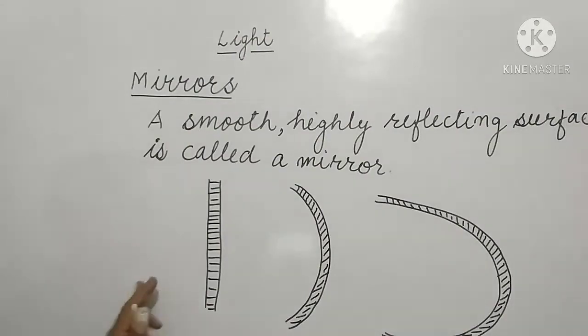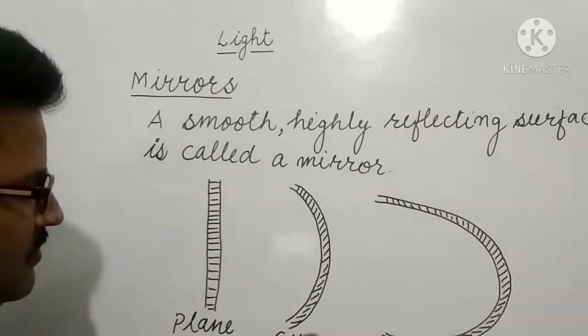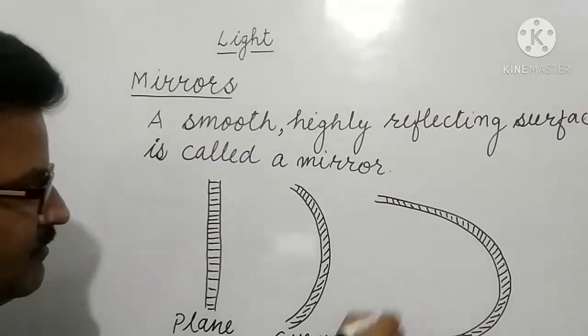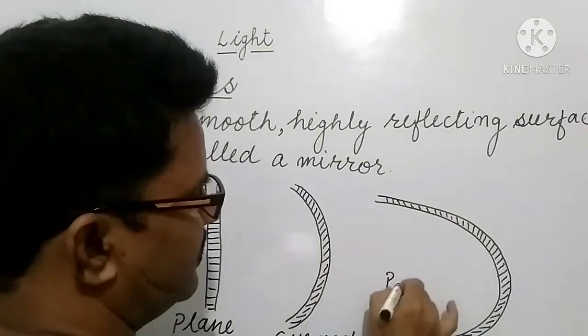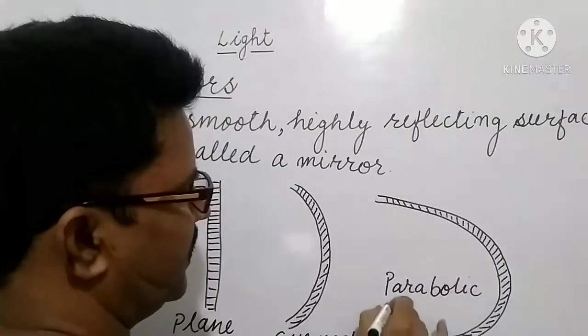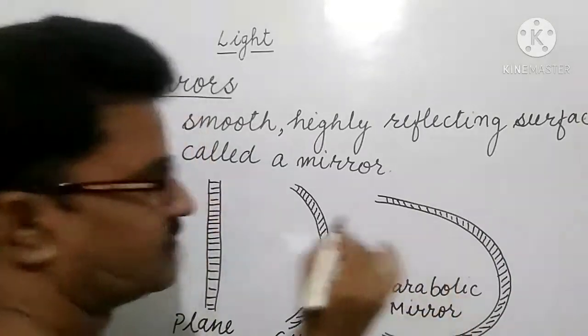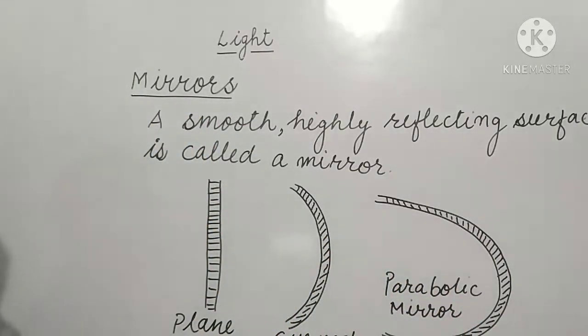Okay, this is the plane mirror, curved, and this is the parabolic mirror. Is it clear?